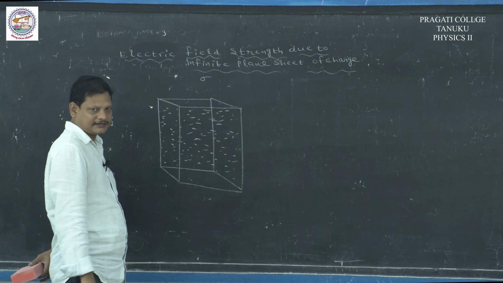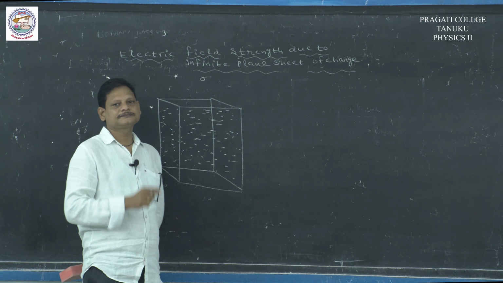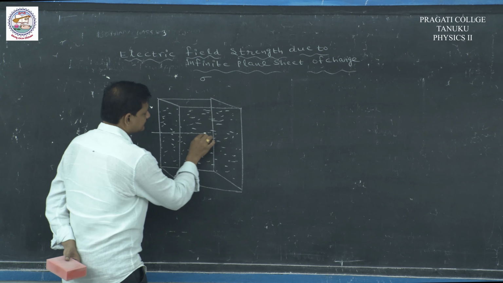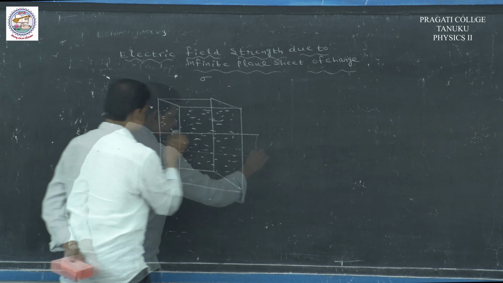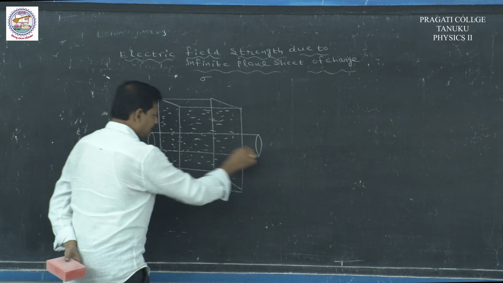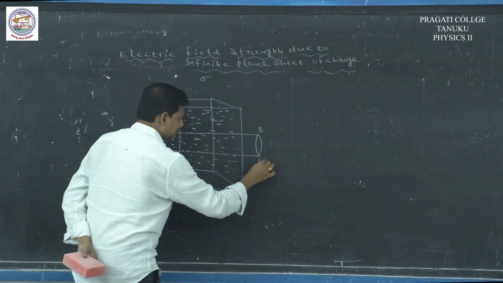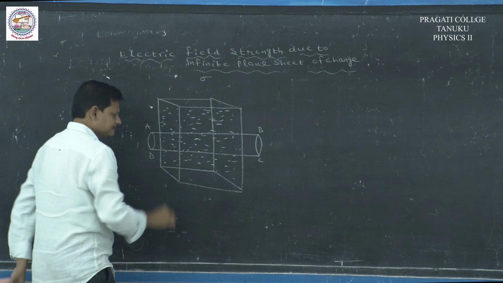Let us construct a cylindrical Gaussian surface A, B, C, D.